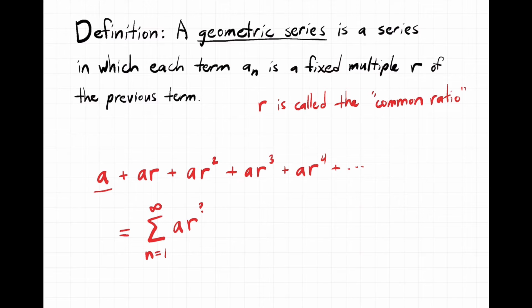The power on the r would be 0. When n is 2, the power on the r is 1. When n is 3, the power on the r is 2. When n is 4, the power on the r is 3. So what is the power on the r for any n?